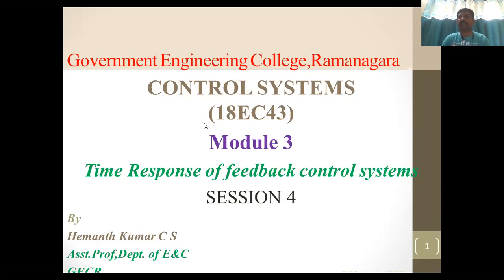Later we concentrated on the analysis of distinct orders of the system. As you can remember, in the first session, we covered the basic concepts along with the first order system analysis of feedback control system for unit step input. Is it okay? Later with session 2, we concentrated on the basic concepts of second order system.